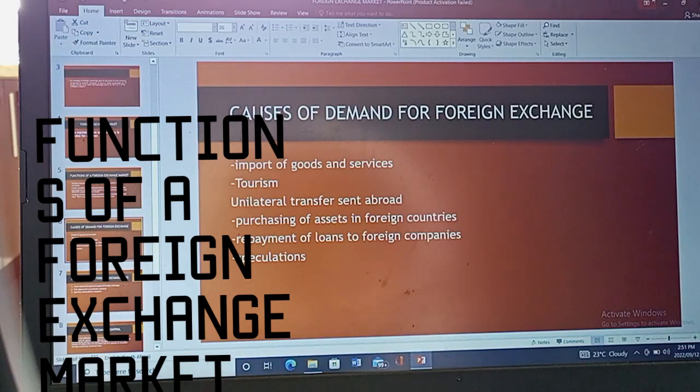Also, we send money to friends and families abroad. If you have to send money to friends and families abroad, they would have to collect that money in the equivalent in their country's currency. Now, the purchasing of assets in foreign countries.